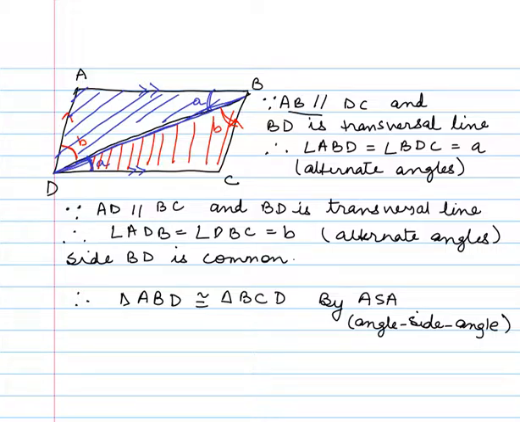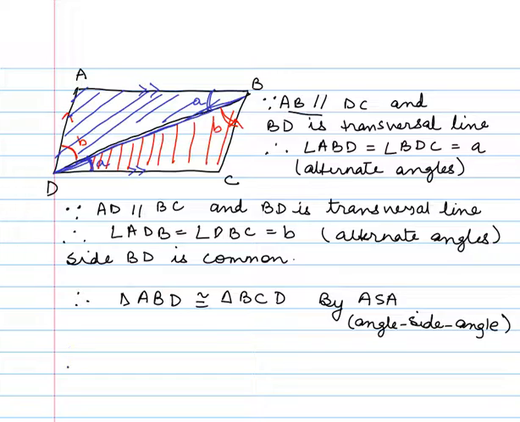If we look at triangle ABD shaded in blue and triangle BDC shaded in red, these two triangles have angle A equal, angle B equal, whereas line BD is common.